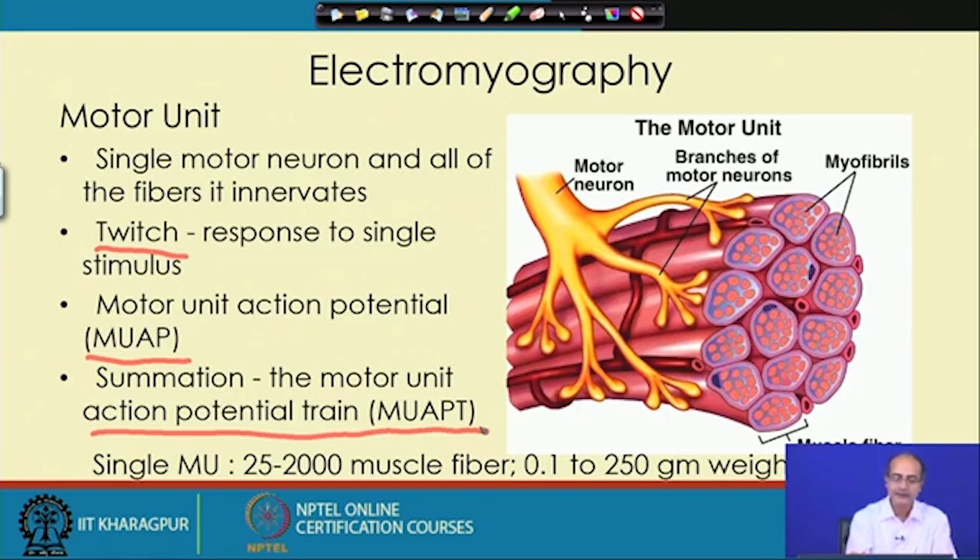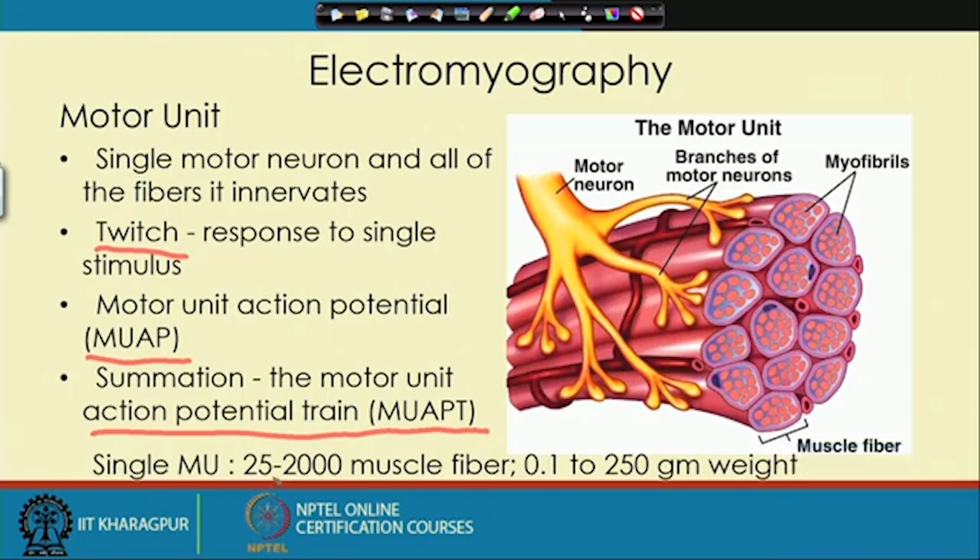A single motor unit can be connected to as few as 25 muscle fibers, up to 2000 muscle fibers. In terms of weight, it could be 0.1 gram to 250 gram.